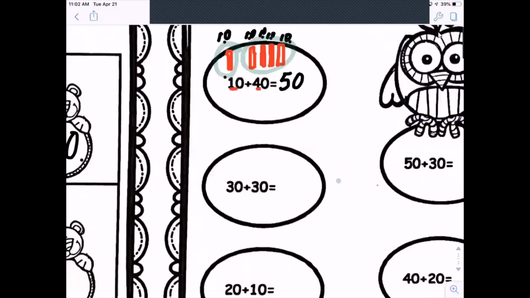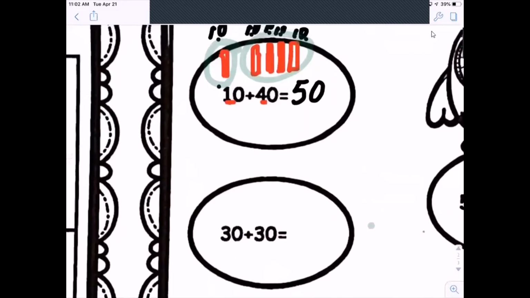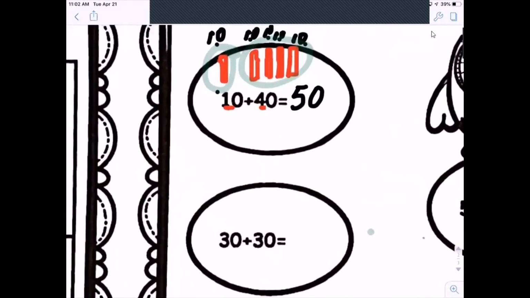So right here on the next one, okay, how many groups of 10 do I have here? 3. Okay, so I draw one group of 10, my other group of 10, and my other group of 10. So I have 3 groups of 10 there. How many groups of 10 do I have here? Azul, how many groups of 10 do I have there? Okay, 3.